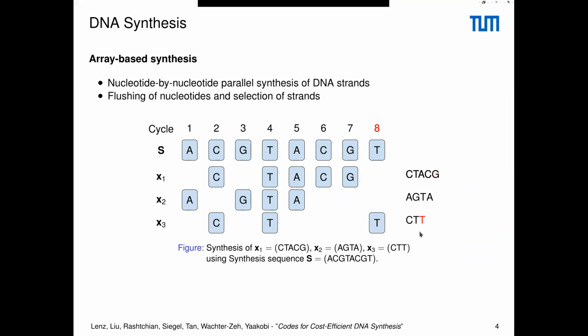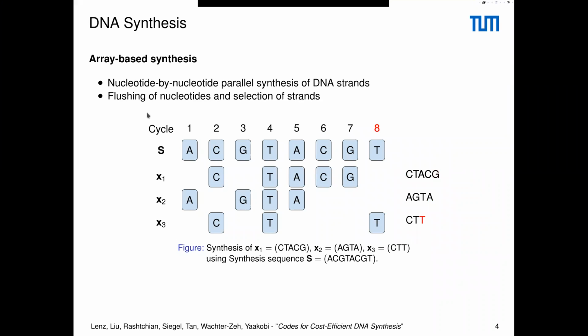So as you see, in the end, we have synthesized all 3 strands that we were looking for. However, notice that not in every cycle is it possible to attach a nucleotide to every sequence, just because the sequences to be synthesized might be different. So we cannot guarantee that we synthesize on each strand in each cycle.